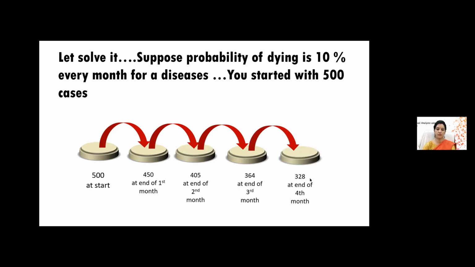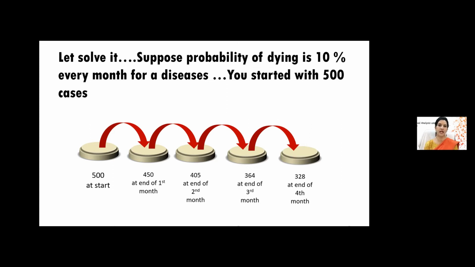And at the end of 4 months, 328 will survive. So I am taking this like a simple probability. I am calculating the probability at the end of every month by taking the previous number of remaining people.